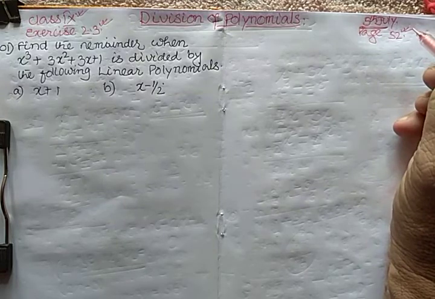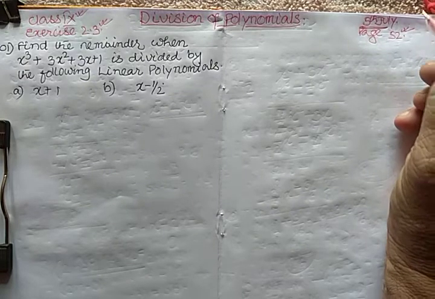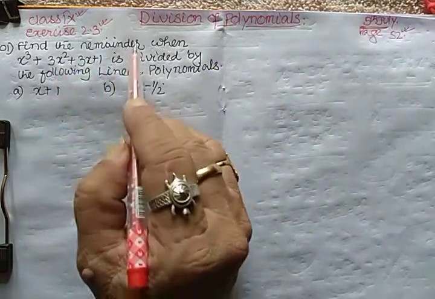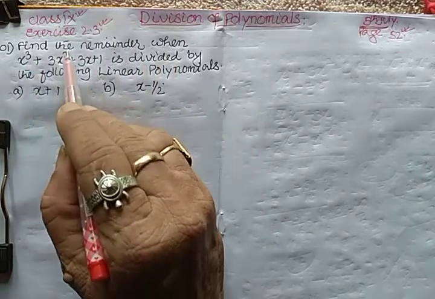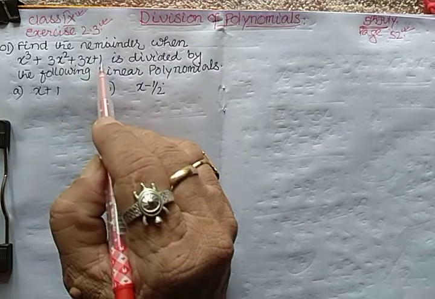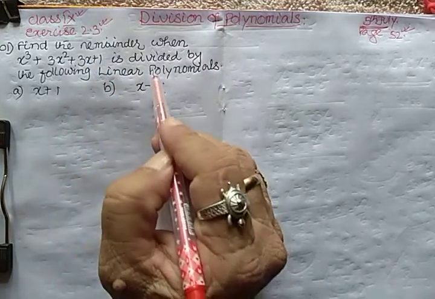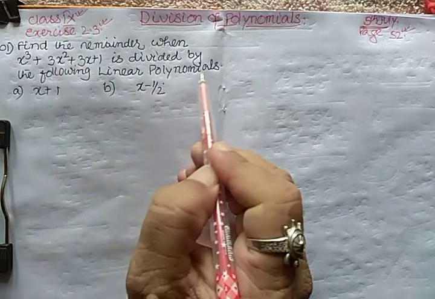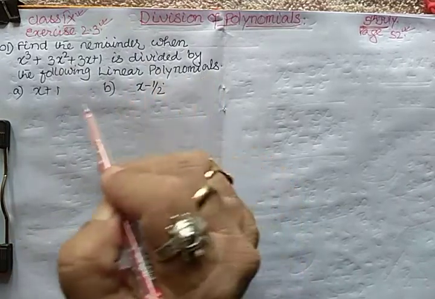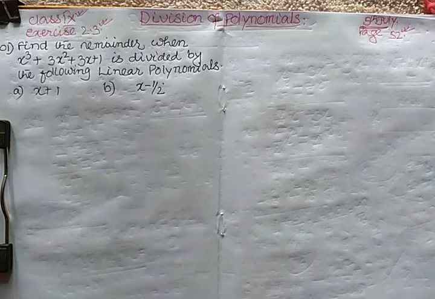Your first sum reads like this. Find the remainder when x cube plus 3x square plus 3x plus 1 is divided by the following linear polynomials. Five examples are given.